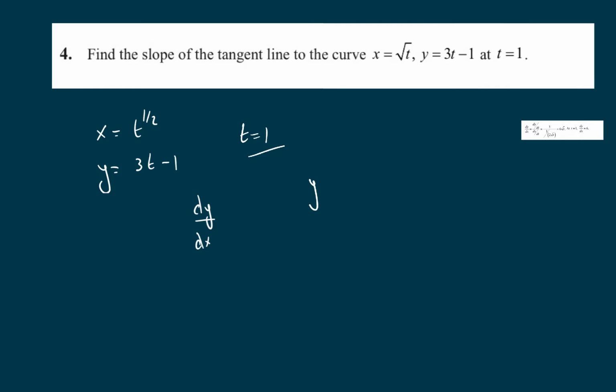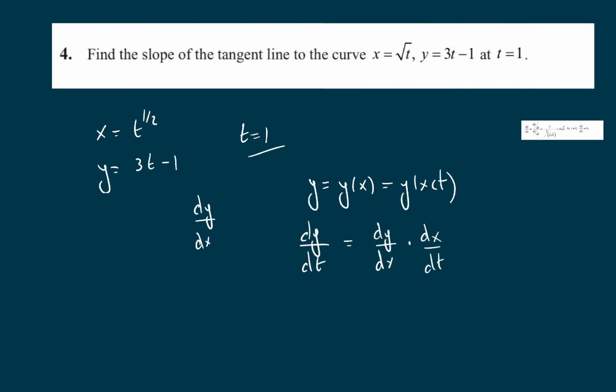Well, y is a function of x, and x is a function of t. Now, applying the chain rule, the derivative of y respect to the t is the derivative of y respect to the x multiplied by the derivative of x respect to the t.